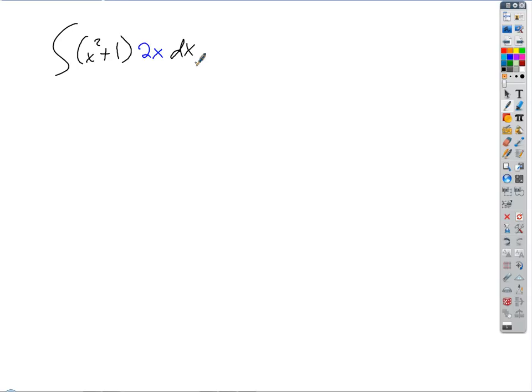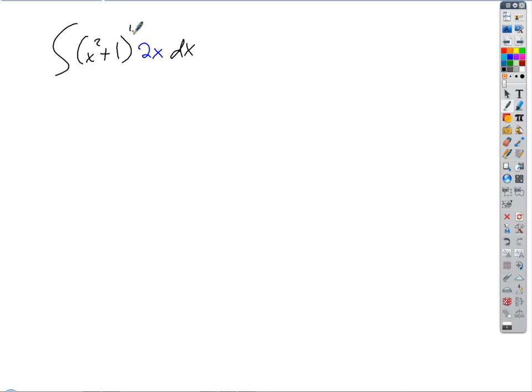Is it going to be x squared times x squared plus 1, and then... Okay, what do you suppose that 2x is there for? Why is that significant? That's the derivative of the inside function here, right? So the outside function is really just u to the 1, isn't it? And the inside function is just x squared plus 1, right?